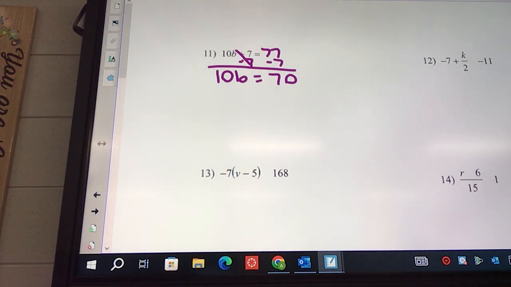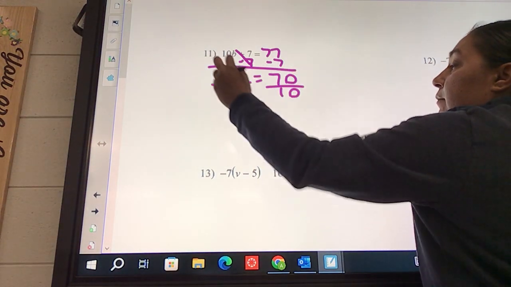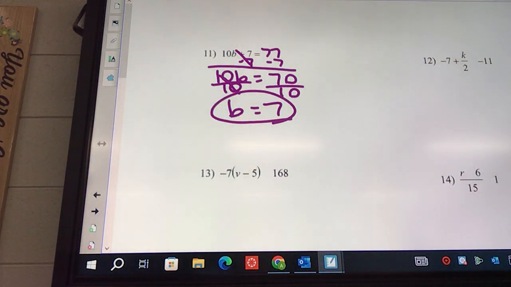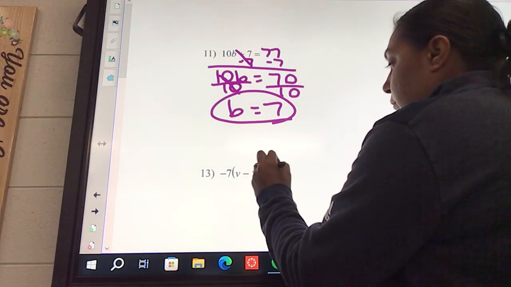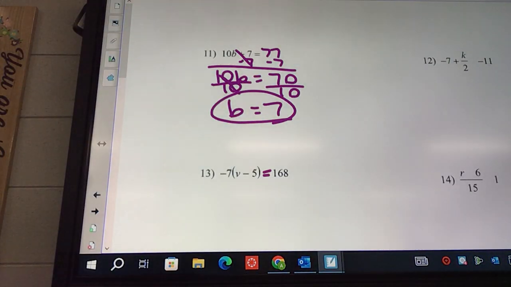And then what needs done? Divide by 10. We got b equals 7. Okay, 13.